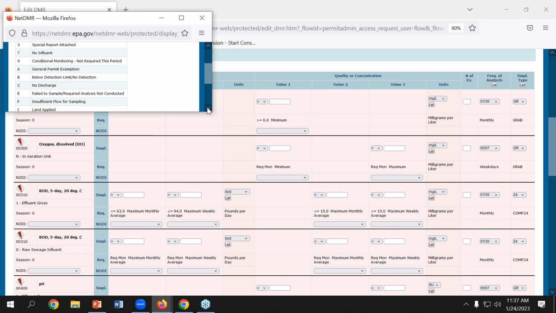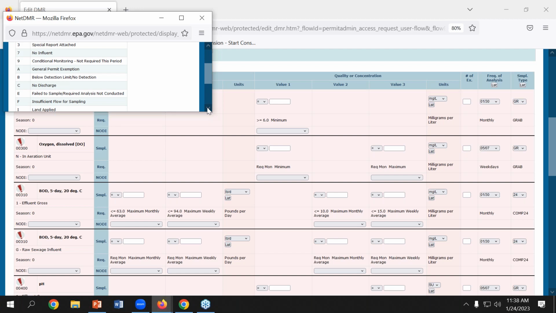Sometimes a permit will renew and there's a miscommunication between the facility and the lab, and there may be some new requirements, particularly with nutrients. There was a time not long ago when nutrients, total phosphorus and total nitrogen, were not parameters on the permit, but when the permit renewed, they were added, and there were some facilities that had to report a NODI E just for failure to conduct those particular samples.